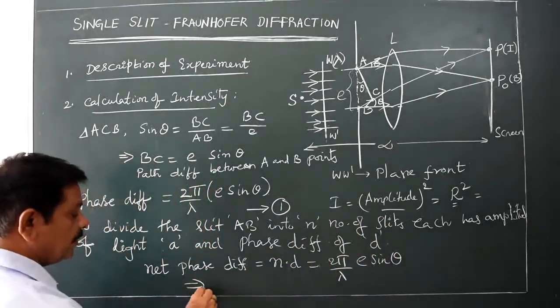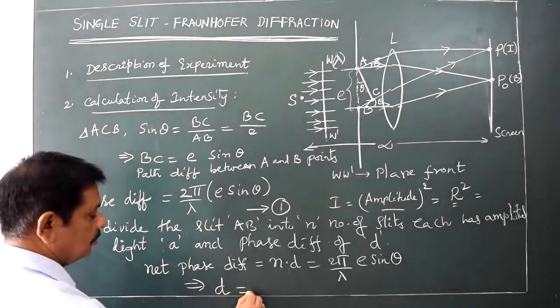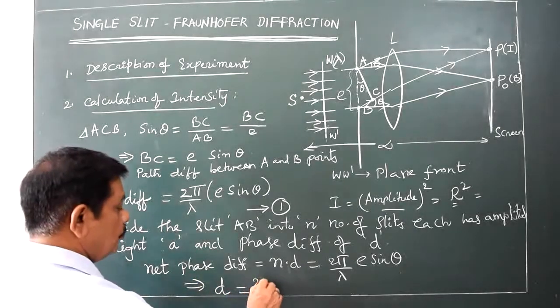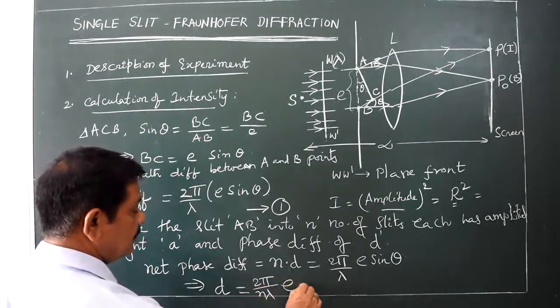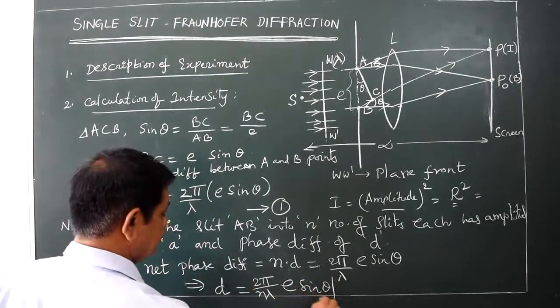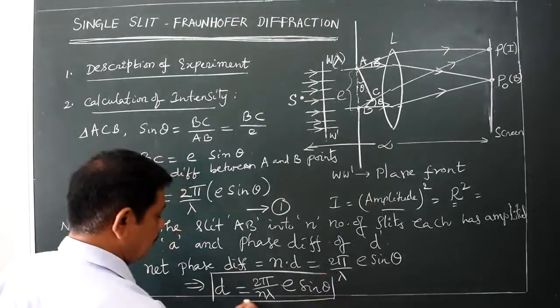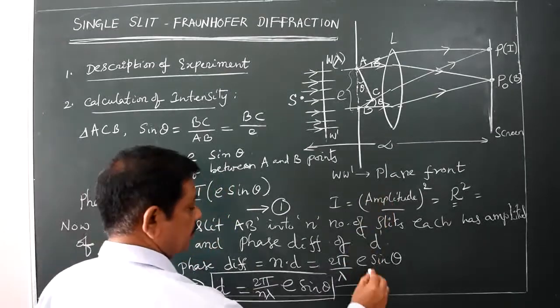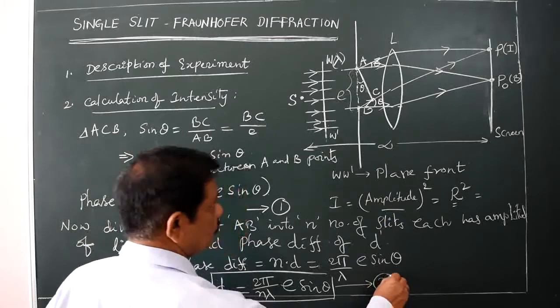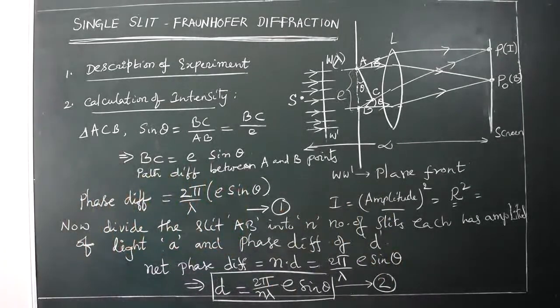From this we can write d is equal to 2 pi by n lambda e sin theta. This is the phase difference of each slit having amplitude a, called equation 2. Now we will calculate the net amplitude by the vector addition method.